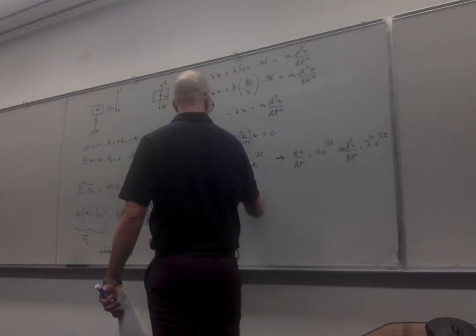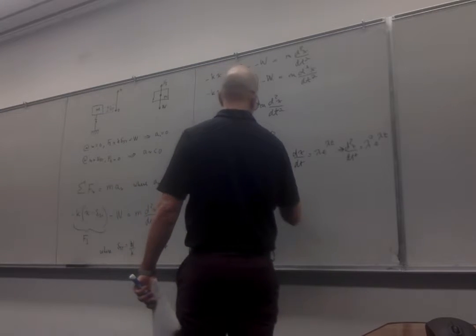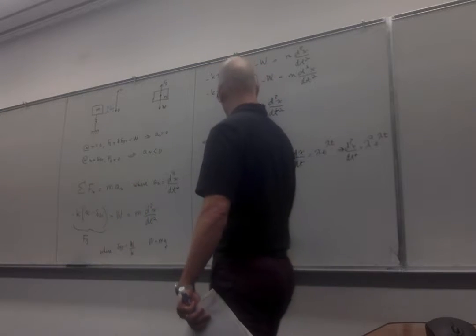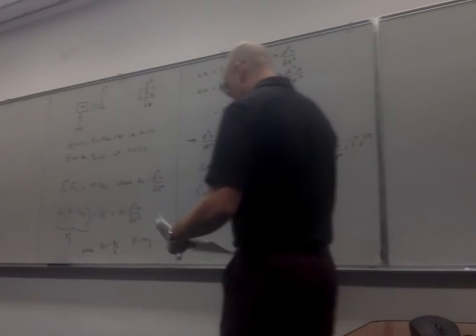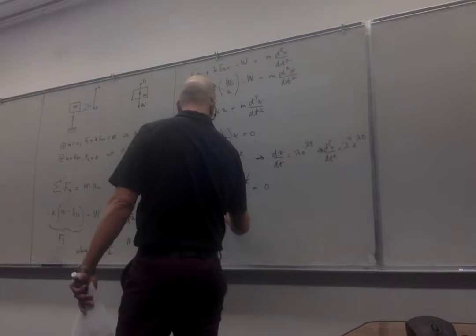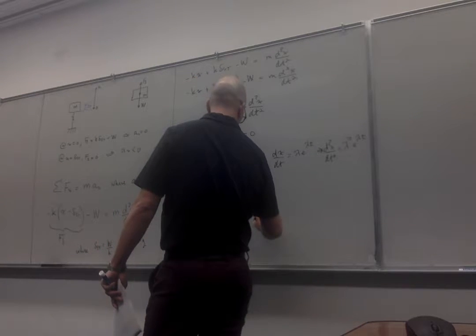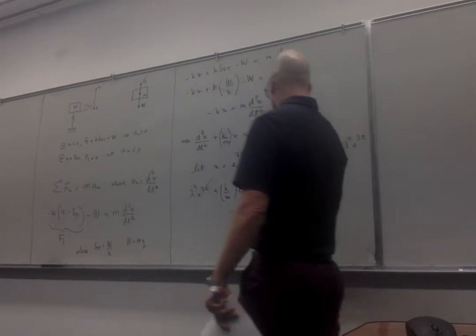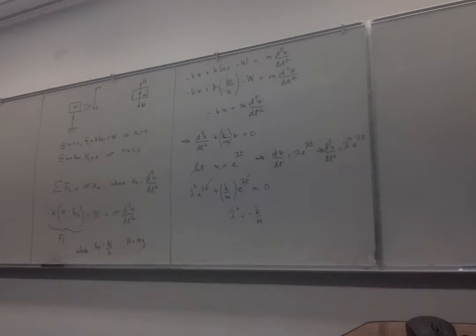So that'll be k over m e to the lambda t equals 0. Those exponential functions simplify nicely. Then we end up here with lambda squared equals minus k over m. So, k and m, can they be negative?